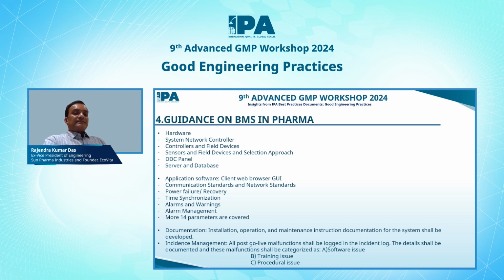The current expectation on alarm trending has come as a regulatory requirement, which is also very critical. All these topics are discussed in detail in the best practices of this chapter, and I'm sure they will be useful for any new system design and configuration. Next.